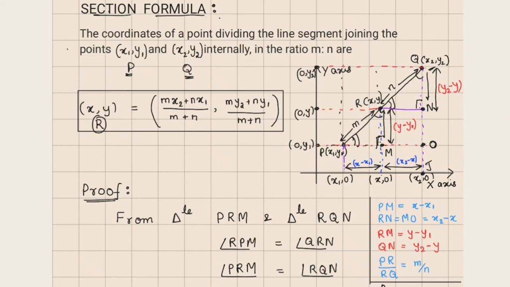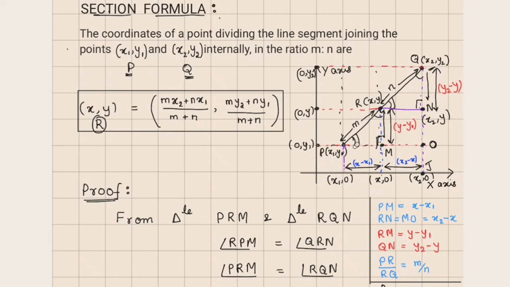So what will be the N coordinates? We need to check its x coordinate, which is x2, and its y coordinate will be y, so x2 comma y.